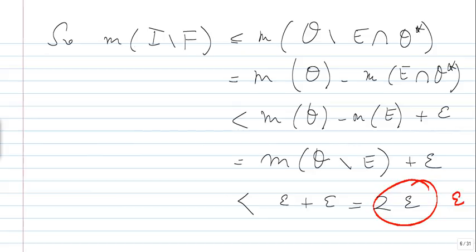So we build this F. Once you are done with the proof, then you know how to divide and by how much you divide. So anyway, we found this set F subset of I such that. Okay, so now I need to find the step function.